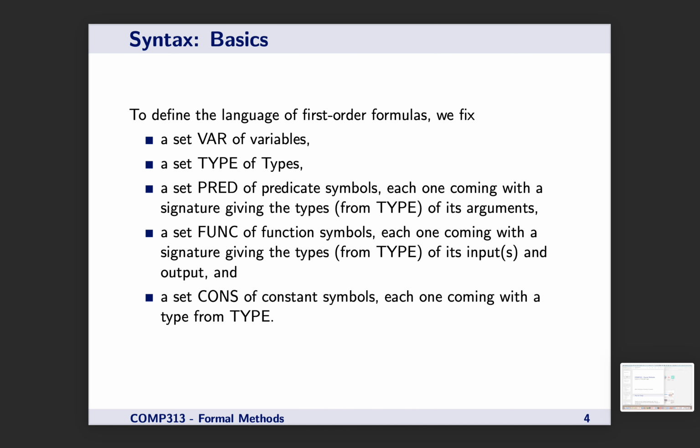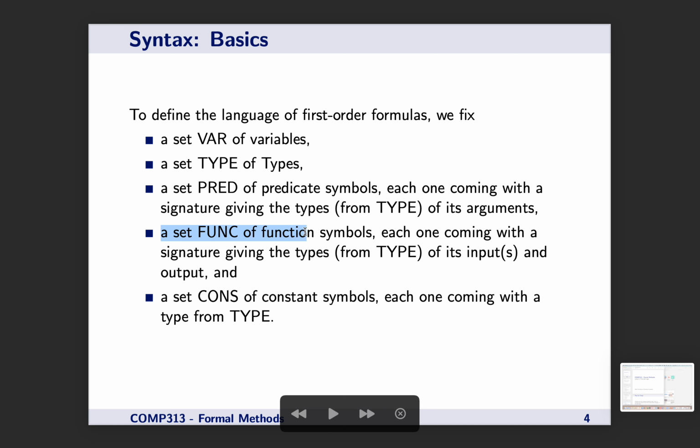The corresponding basic syntax is that to define a language of first order formulas, we fix a set VAR of variables, a set of types TYPE, a set PRED of predicate symbols, each one coming with a signature given by the types of its arguments.